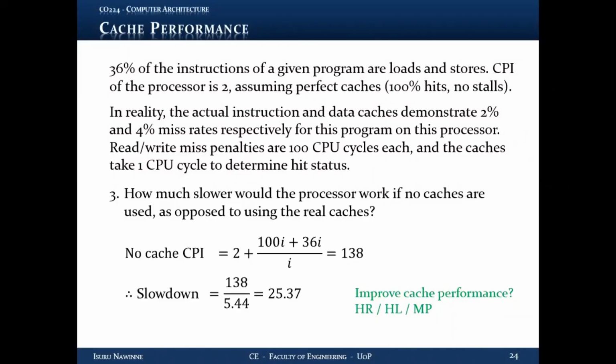So say in our previous examples, when two addresses have the same index and one is already in the cache, and the CPU requests the other address, then the older one has to be evicted because the new one has to replace it.